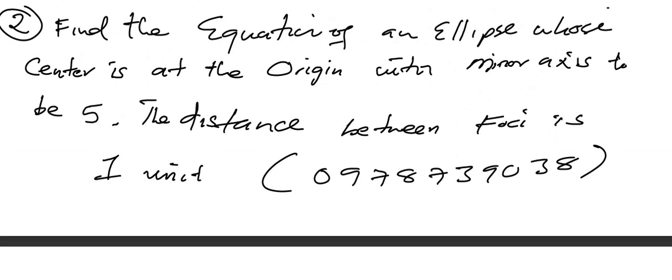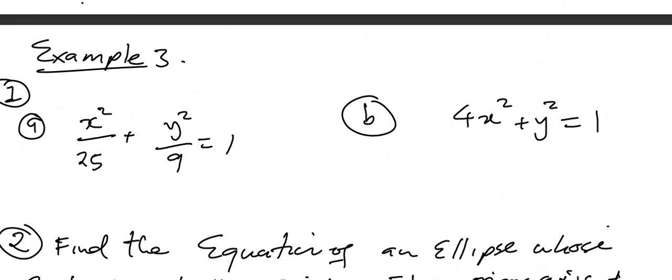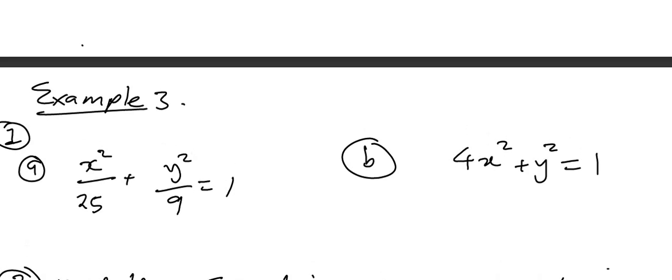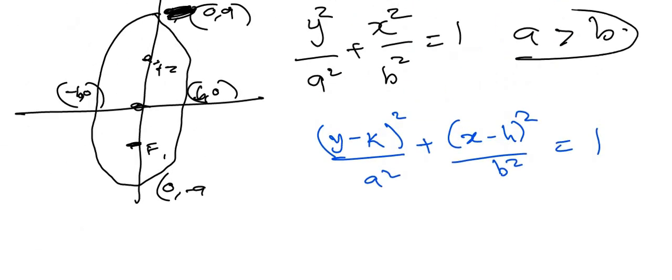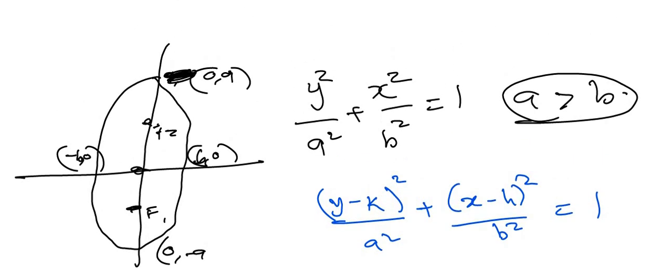Concerning how to identify, for example, when a is big, is it the x-axis or the y-axis?